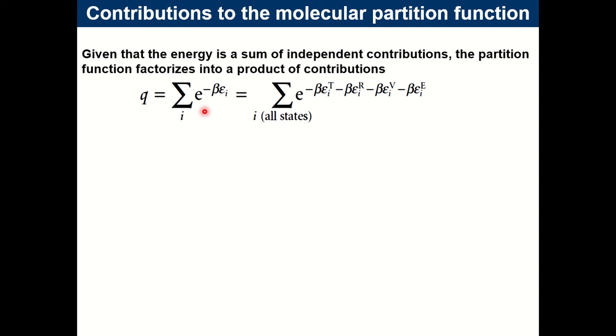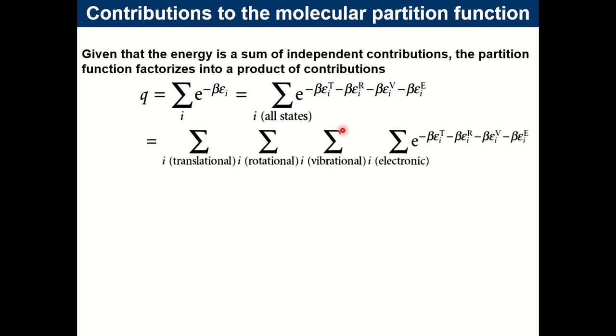You can write it as the sum over all states. If this is the energy epsilon i, beta is 1 by kT, that we have already discussed last time. In this context, it can be written as factorized into translational, rotational, vibrational, and electronic functions in this manner. So you can expand it further.